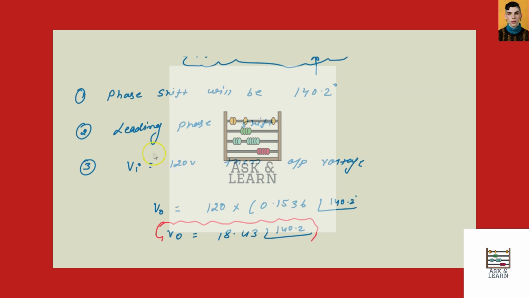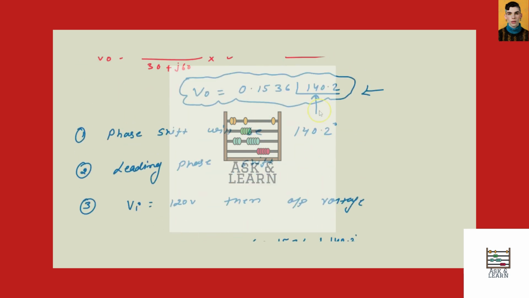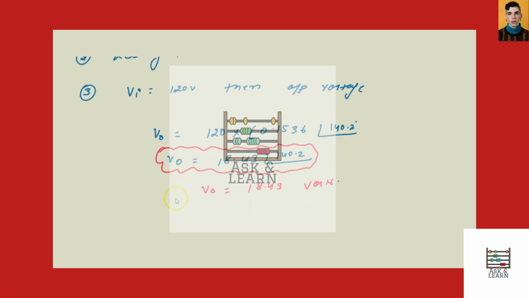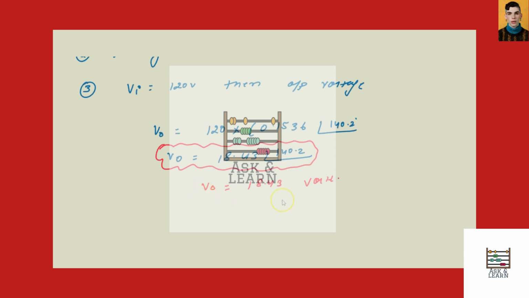And in the third case, if input is 120 volt, then the output is found by simply multiplying this output, because it is at the unity input. So we multiply 120 by the previous output voltage, then it gives our output voltage at the input of 120 volt. It is clear? Thank you.